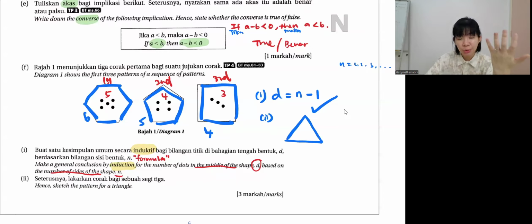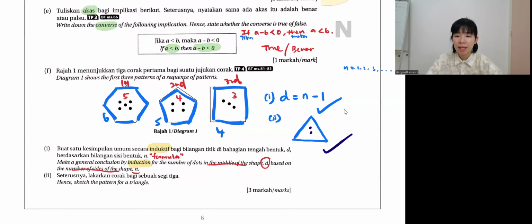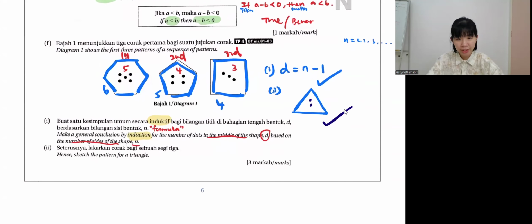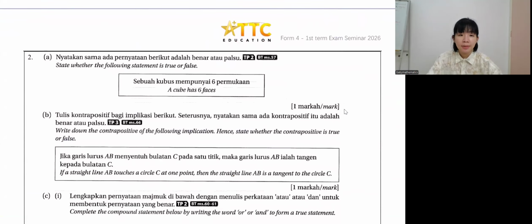Triangle 3 sides, which means the dots must be, yes, 2 dots. 2 dots. Then done. Okay, and we have completed 1 page. Let's go to the second page. Okay, 3, 2, 1, next.